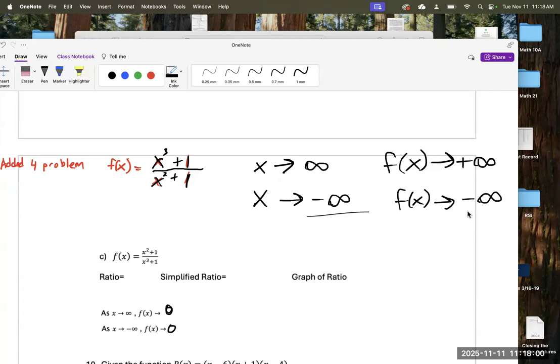So in short, you can just graph these and see what is happening in the tails, as we go to large negative numbers and to large positive numbers, to judge the long run behavior of a function.